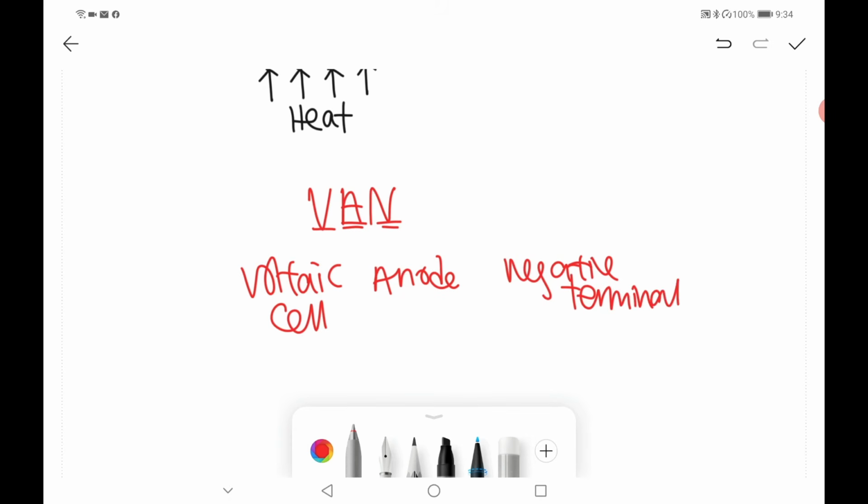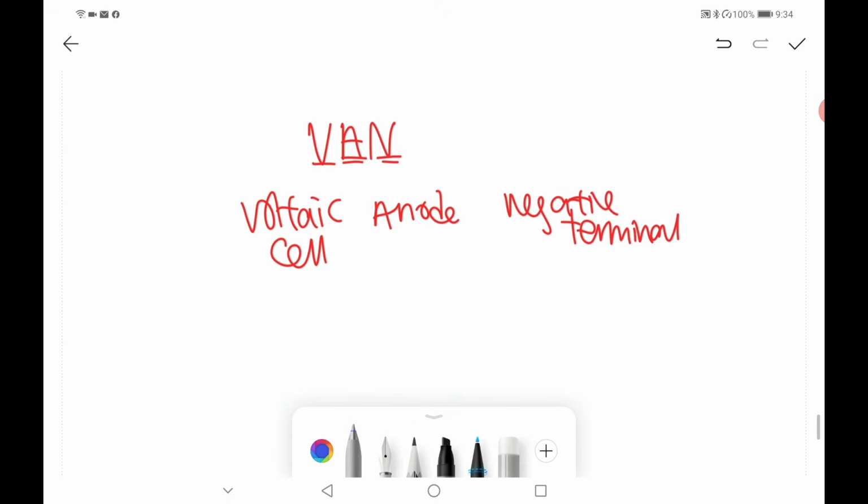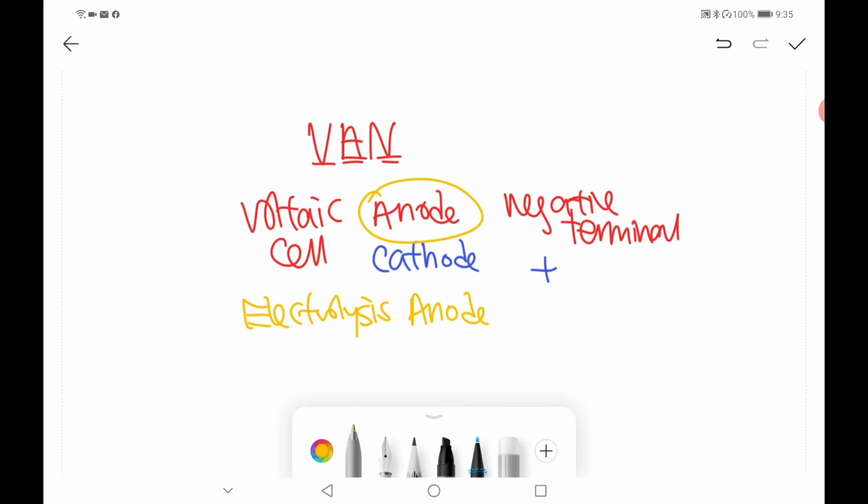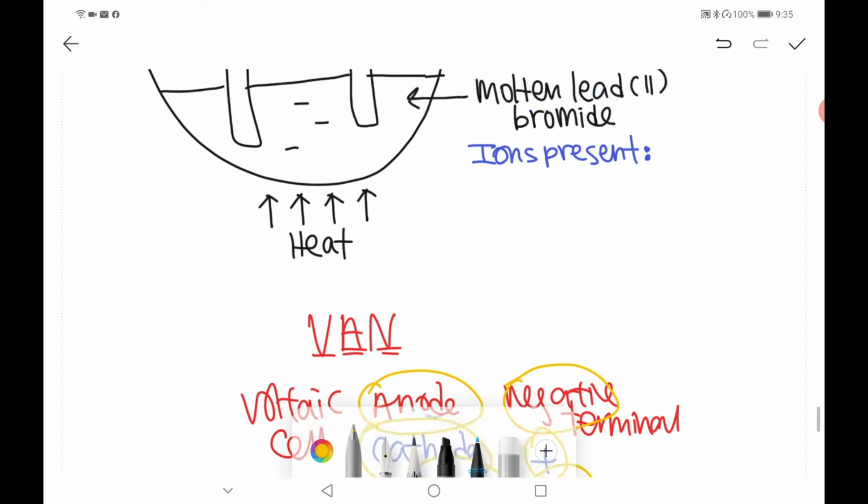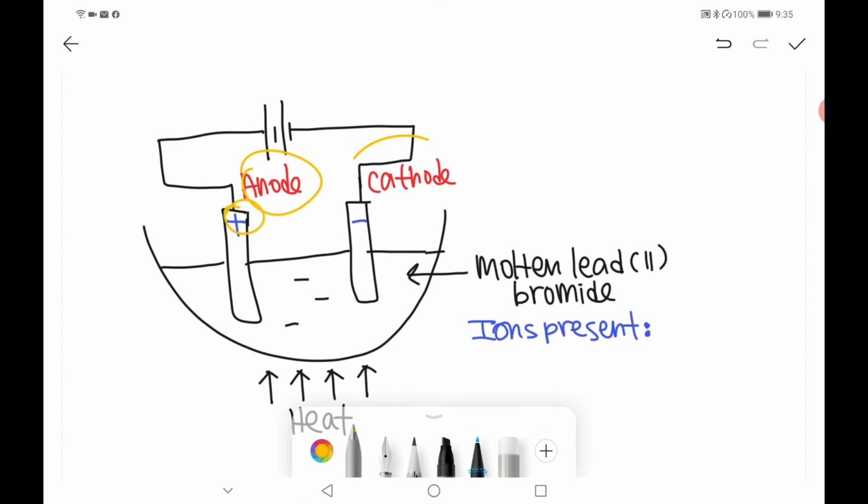In Voltaic Cell, the anode is the negative terminal, the cathode is the positive terminal. When we have electrolysis, everything is reversed. The anode we copy back: just now anode is negative, now it becomes positive. The cathode: just now the cathode is positive, now it is negative. So anode is positive, cathode is negative.